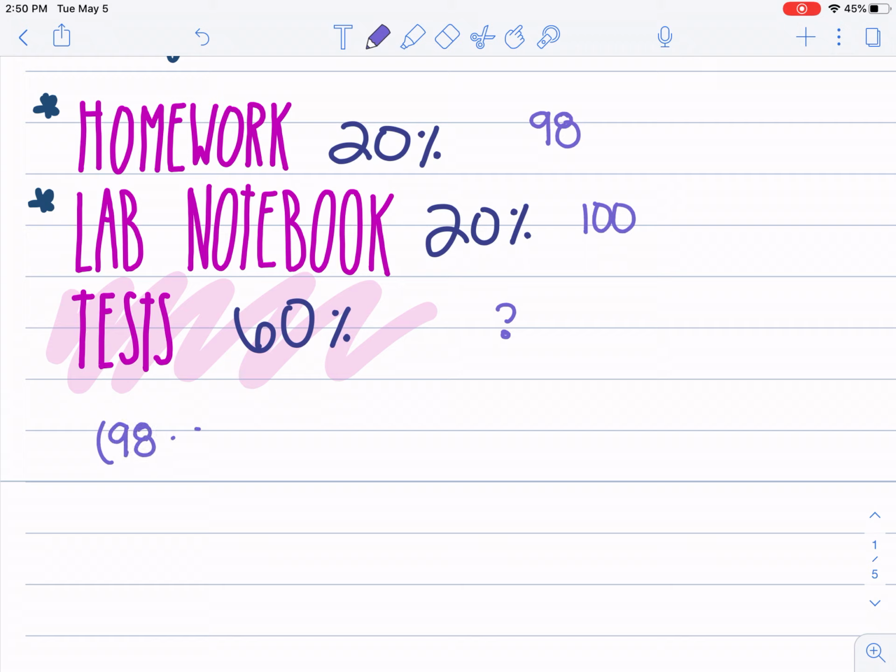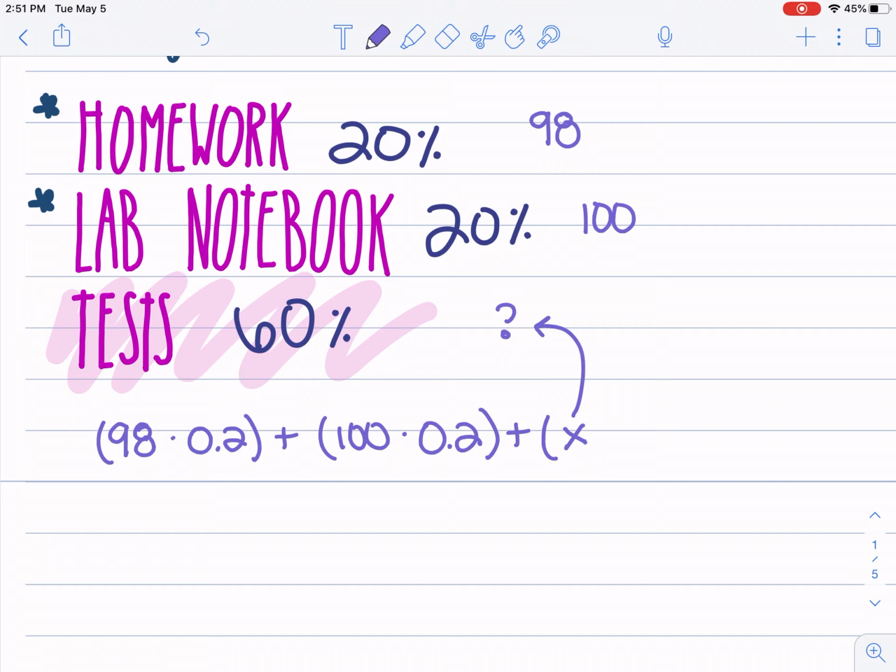So this is how you can type it into your calculator. 98 times 0.2 plus 100 times 0.2 plus, this is going to be x. This is what we want to figure out: what do we need to get on this project in order for us to have the grade that we want.